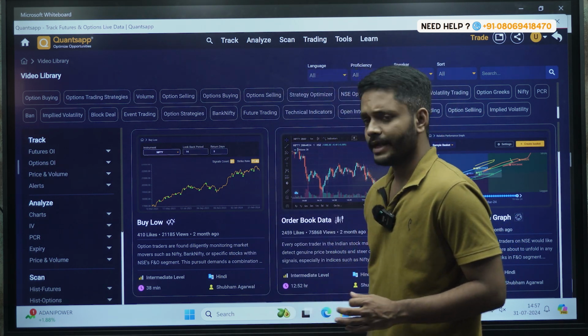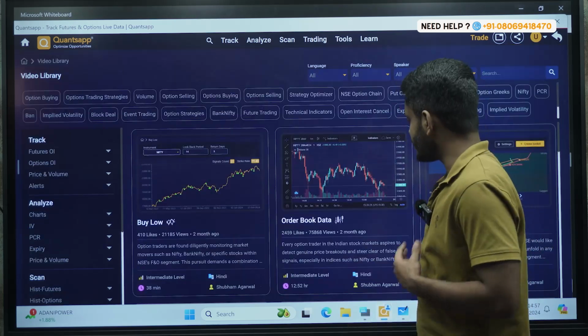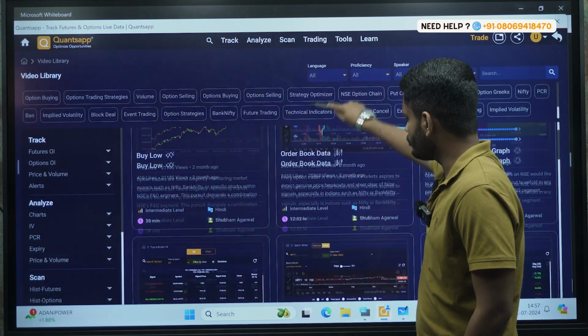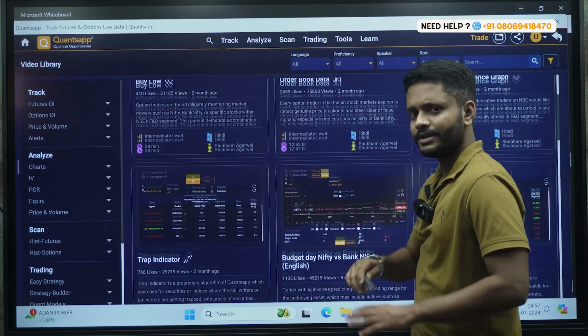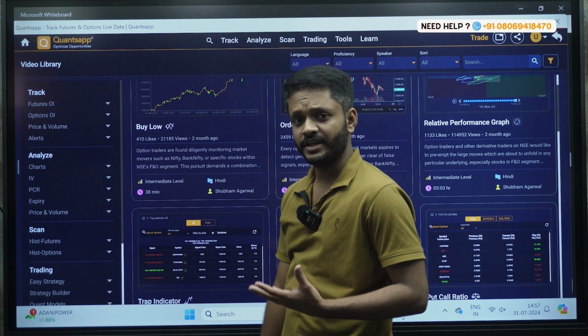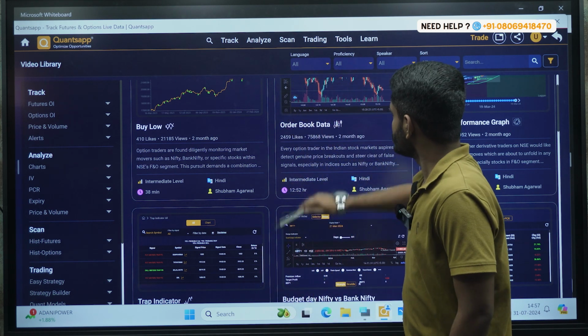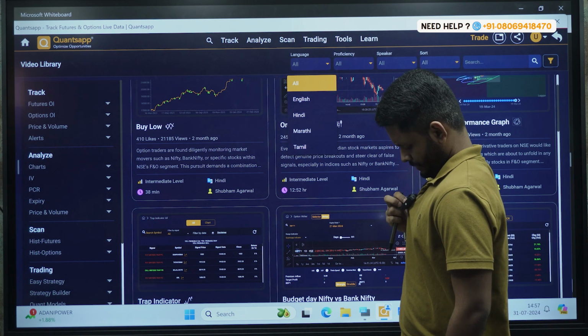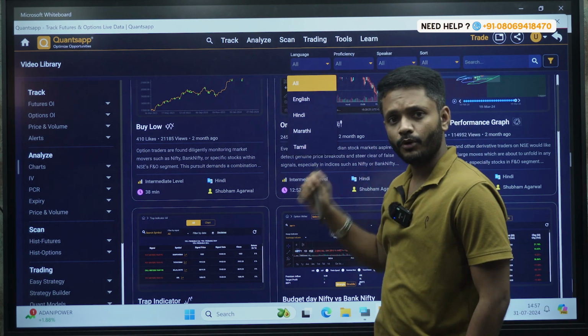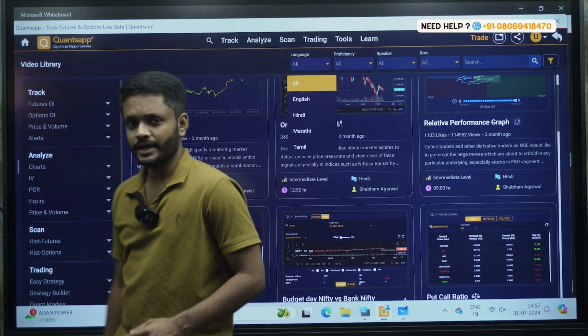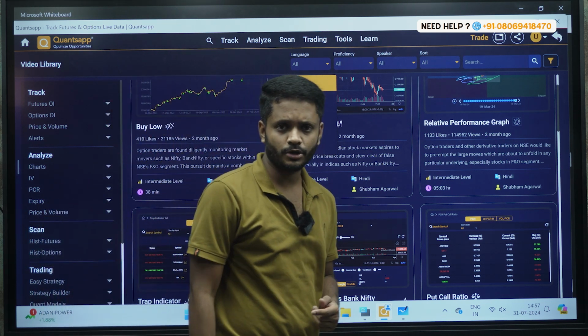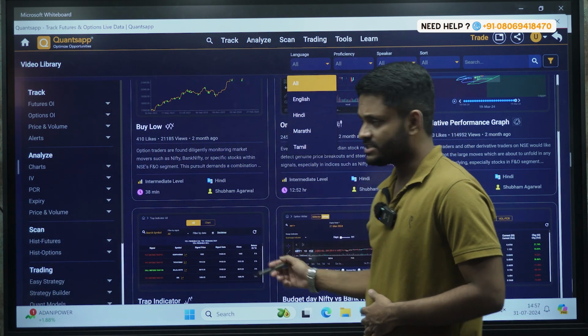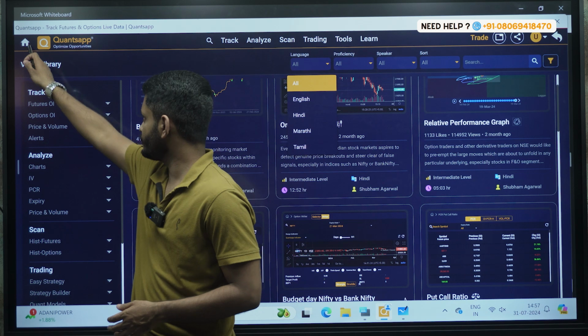You will get to see almost all the tools, all the proprietary tools, here. The video library is basically a bank of videos which we have covered in multiple languages: English, Hindi, Marathi and Tamil. You can go and choose the language as per your convenience and explore these videos. This will be very useful to you.